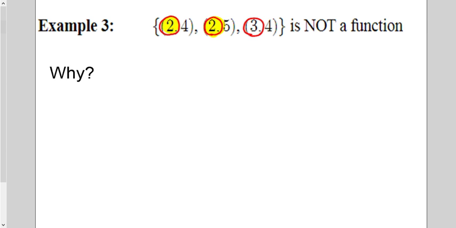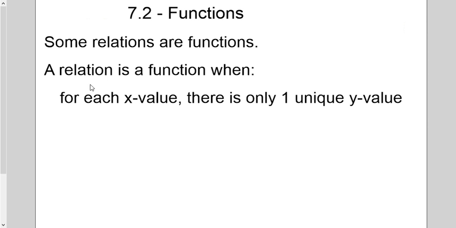So when your x values repeat, you look closer at them and you go, what was its y value? Since this x repeated with this x over here, I know that this x got me a y value of 4, but this x got me a different y value, it got me a 5. Because this is a different y value than this 4 here, it's not a function. Why? Each x value has to have one unique y value.